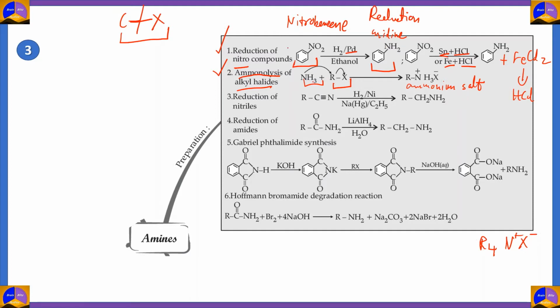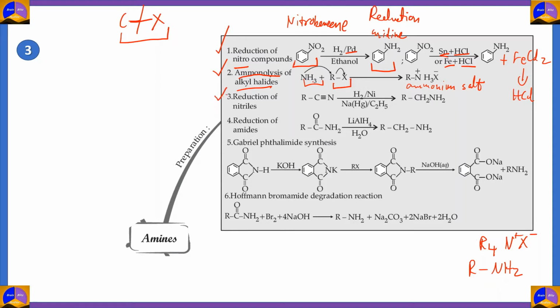So if we react it in any concentration, we might form different concentrations of primary, secondary, and tertiary amines along with quaternary ammonium salt. But if we have a large excess of ammonia, we can successfully create just primary amines. That is RNH2. So that's the second reaction, aminolysis of alkyl halides.